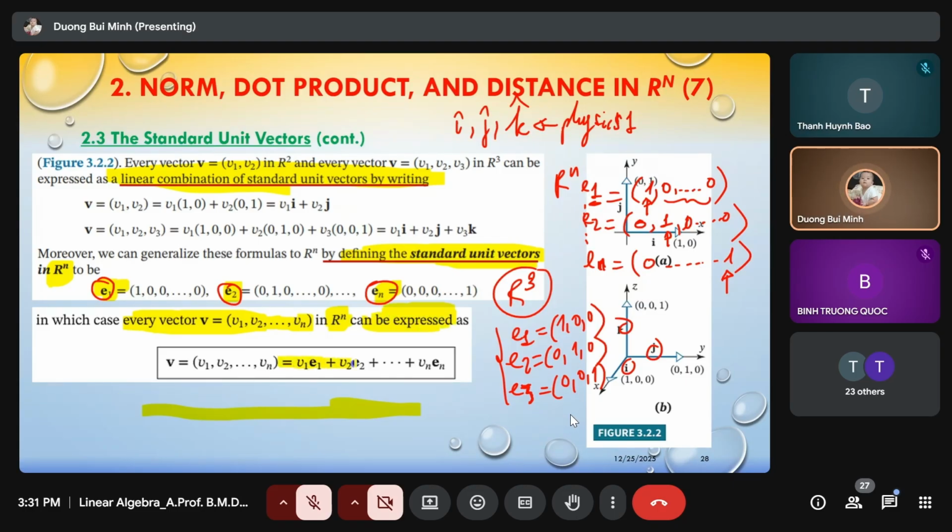This is the linear combination of standard unit vectors. So vector v with n elements is the first element v1 times unit vector e1, plus v2 times unit vector e2, and so on, plus vn times unit vector en.